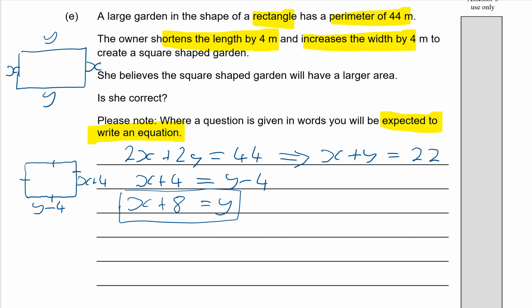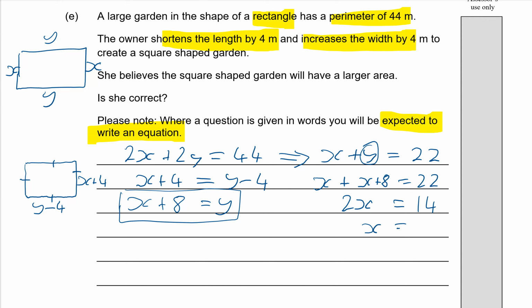So I think the easiest way to solve this will be to substitute x plus 8 for y in this other equation. So let's do that. x plus, and instead of y we have x plus 8 equals 22. Simplifying, we have 2x. I'll take away 8 from both sides, so that drops to 14.